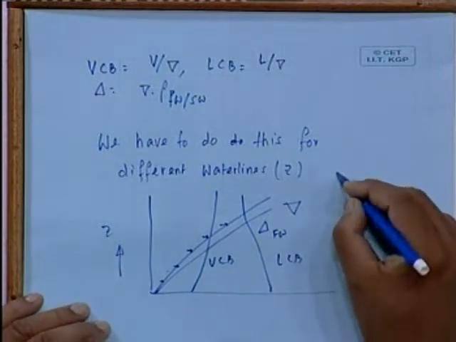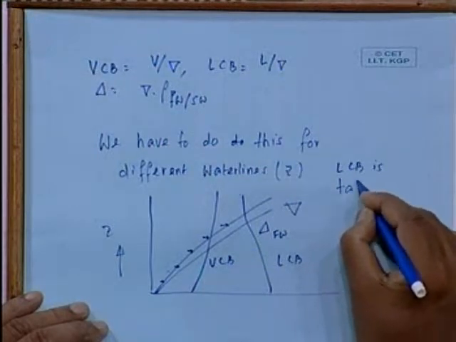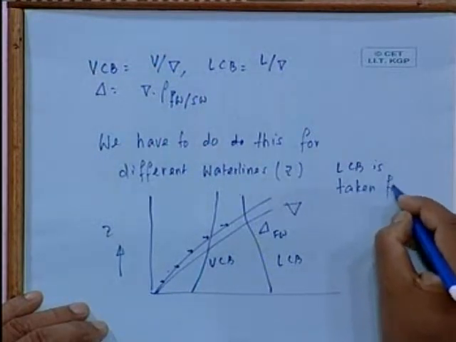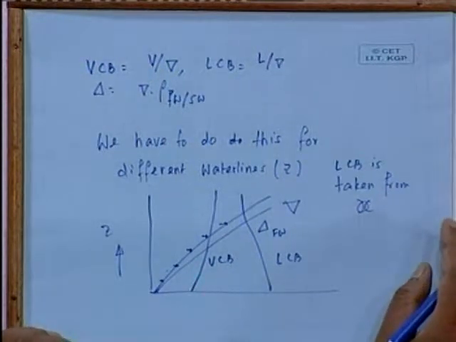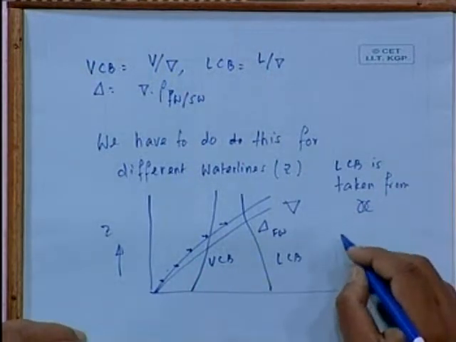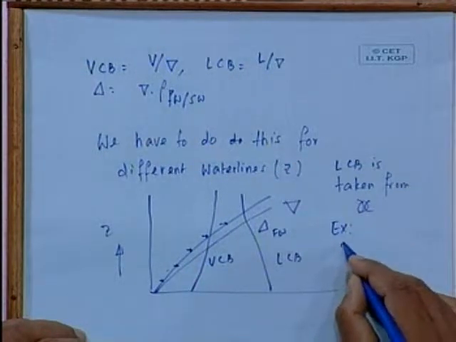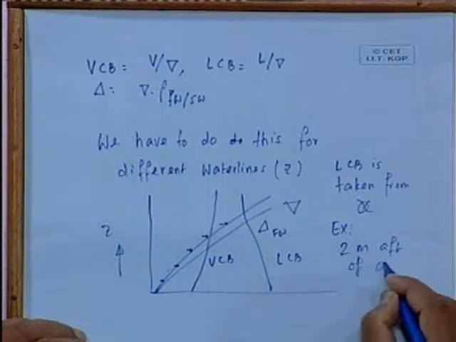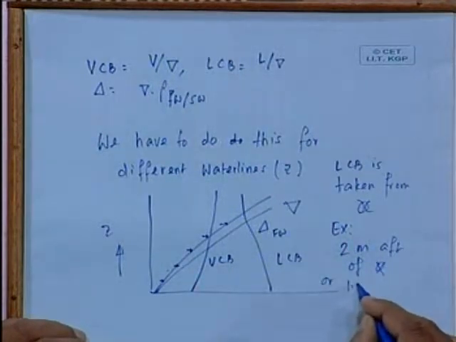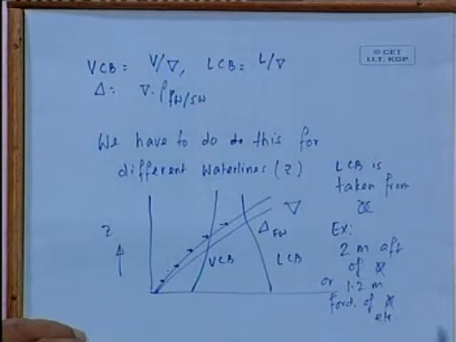Quite often though, this LCB is taken from midship because it is easier for us to find out. Sometimes we say, for example, it is 2 meter aft of midship or 1.2 meter forward of midship, etc.